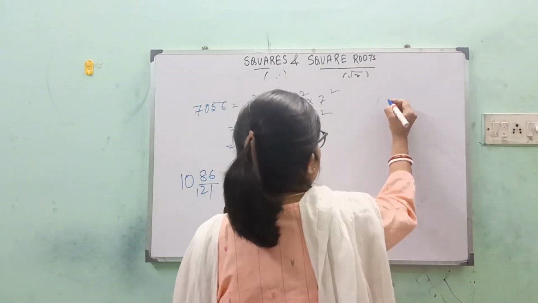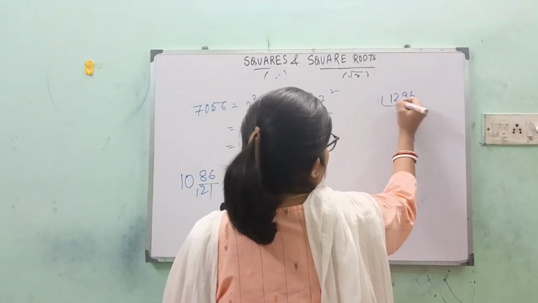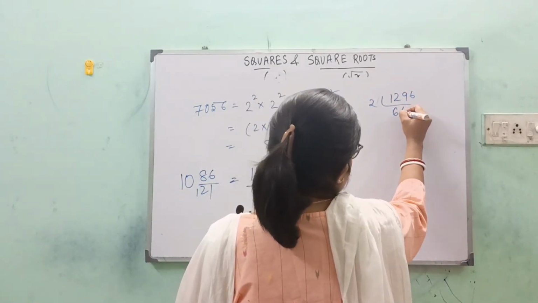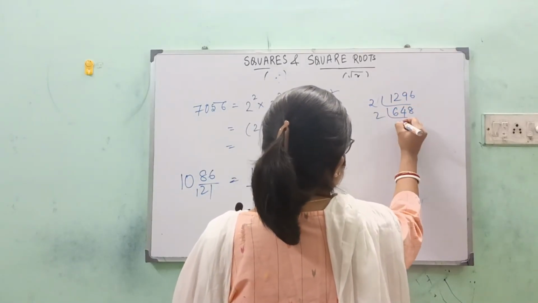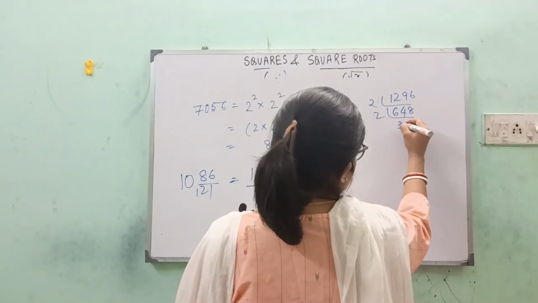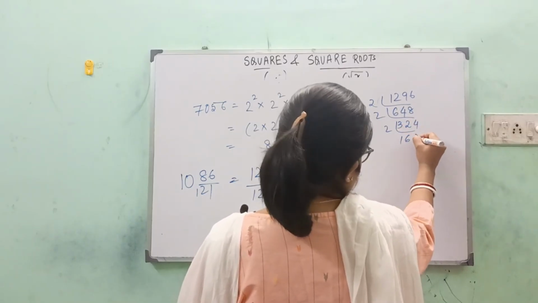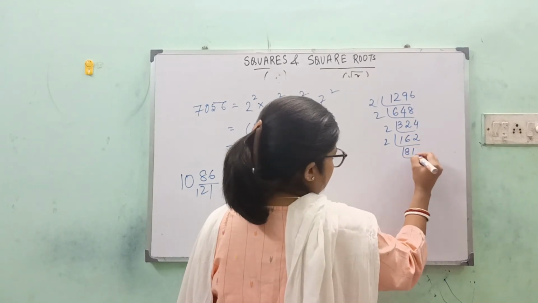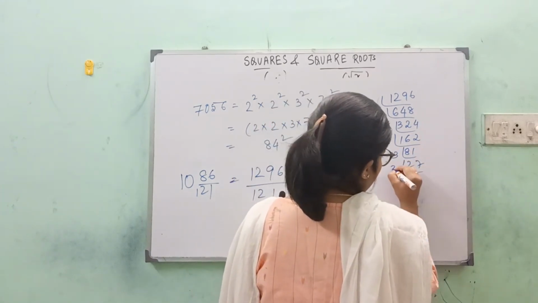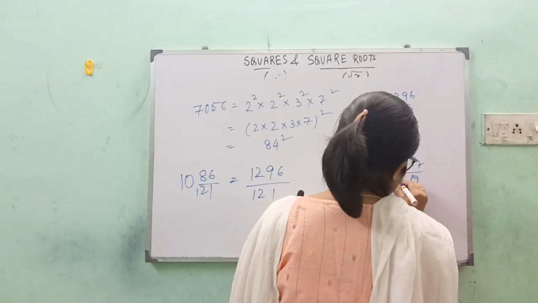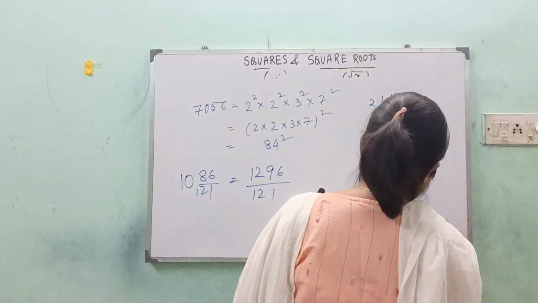So if you find the prime factorization of 1296, this is 648, 324, 162.